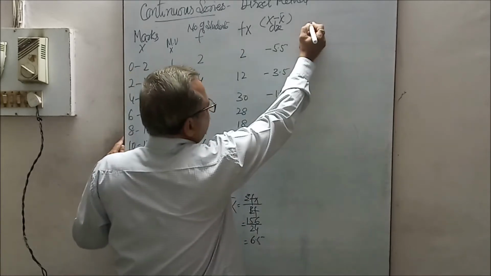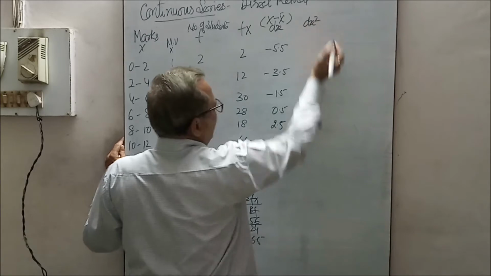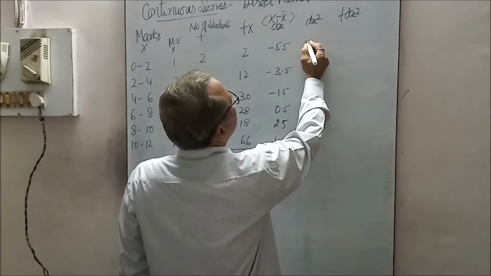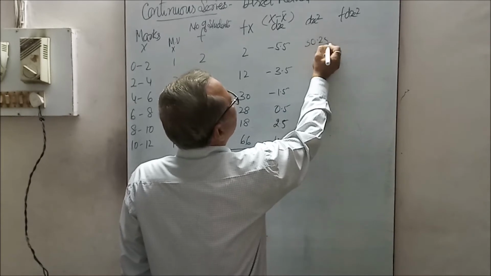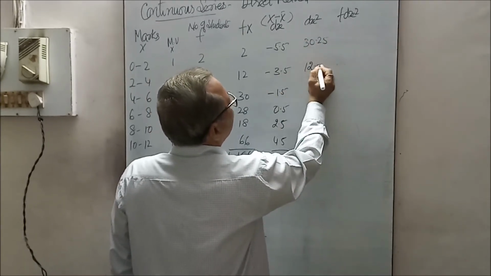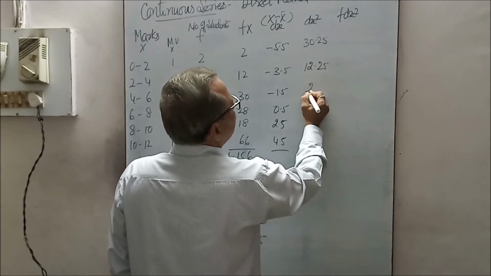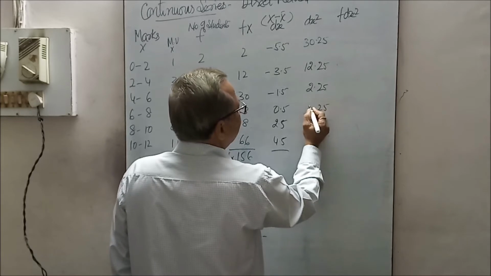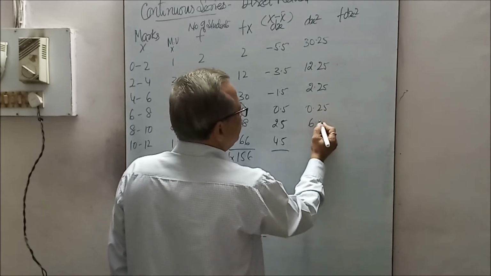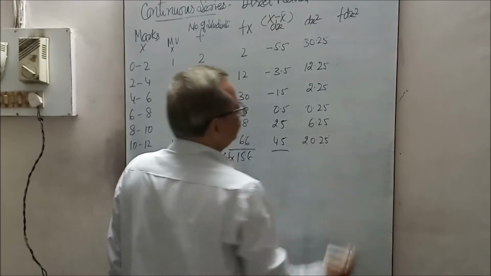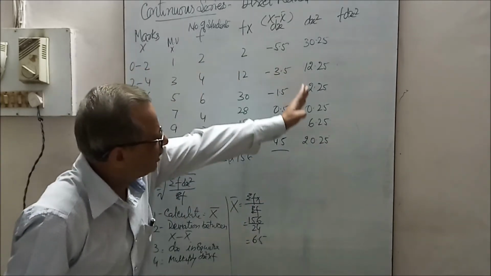Now convert it to the square. dx square is 30.25, 12.25, 2.25, 0.25, 6.25 and 20.25. This is now converted to square.